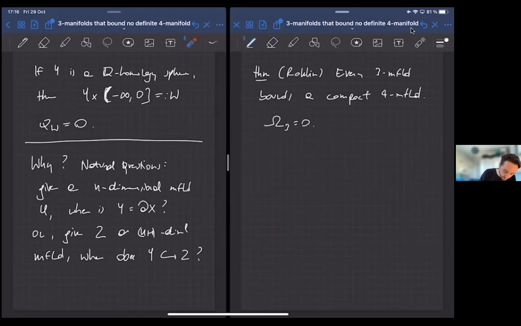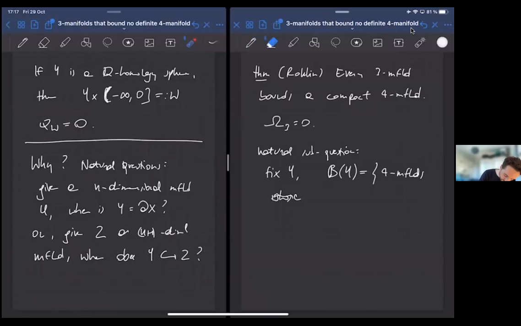So, one natural follow-up question is, well, now fix Y. I have a class B of Y. This is the class of four manifolds X with boundary of X equal to Y. And by Rochlin's theorem, this class is non-empty.